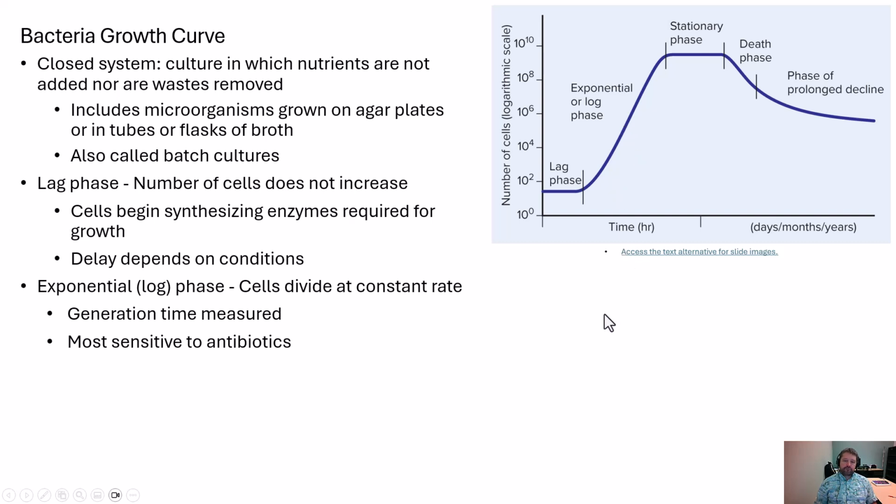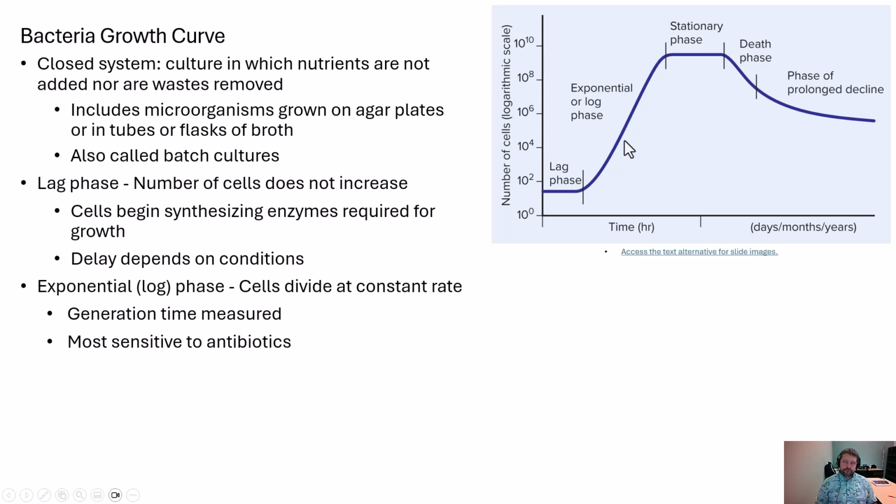So it's a fairly constant growth rate, but there is a spot where you would expect the highest growth rate, and that's half the carrying capacity.